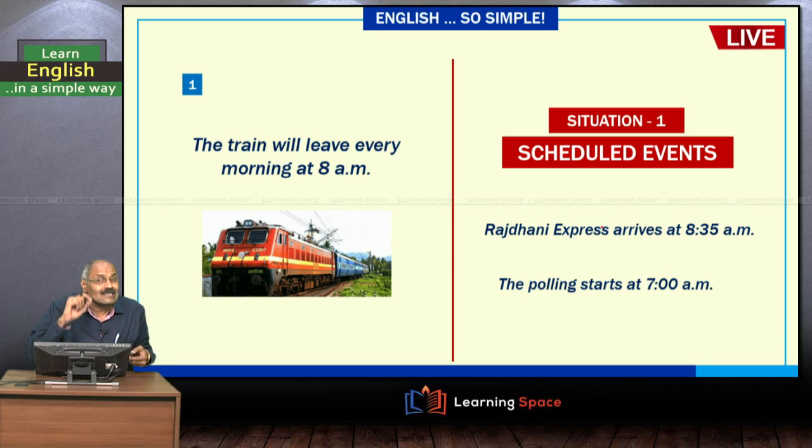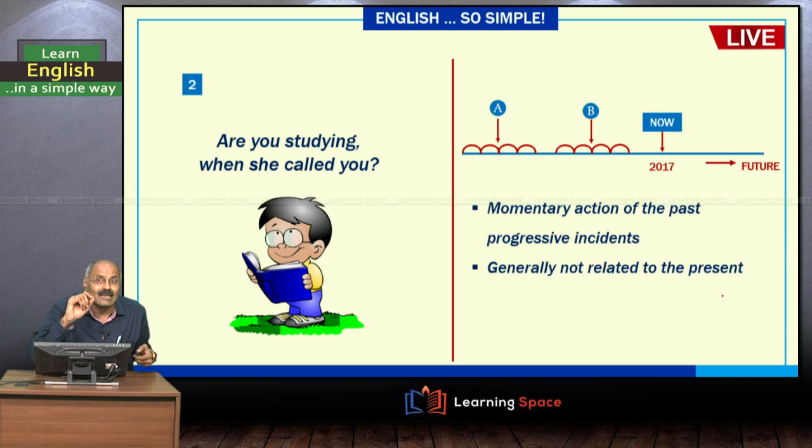So, here "the train will leave every morning at 8 a.m." is wrong, it should be "the train leaves every morning at 8 a.m." Repeated actions, scheduled events and newspaper headlines all take the form of simple present, right.